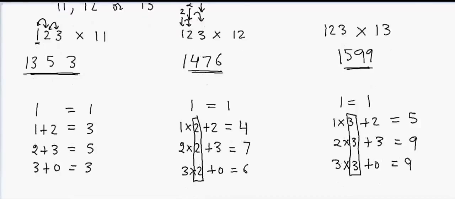So let's do another example. If I have 1 2 3 1, I have to multiply by 11.